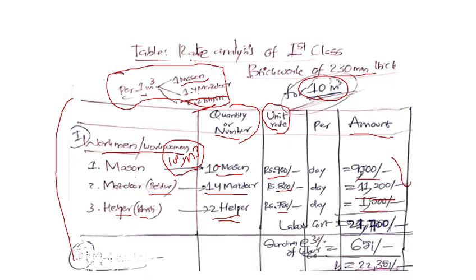These 3 values are added, and the final answer is 21,700 rupees. Adding sundries is 3% of labor cost only. So 3% of 21,700 is 651. These two are added, so the final answer is 22,350 rupees for only labor work.